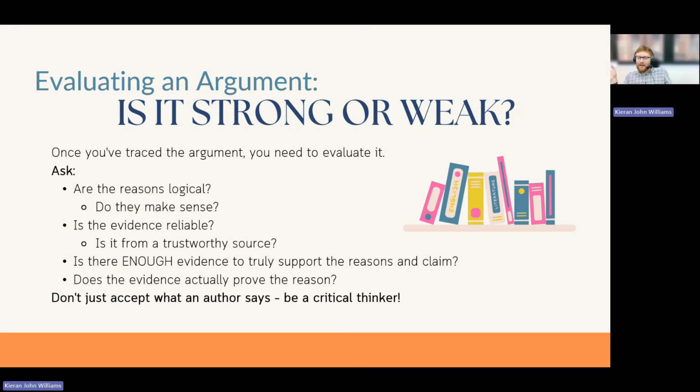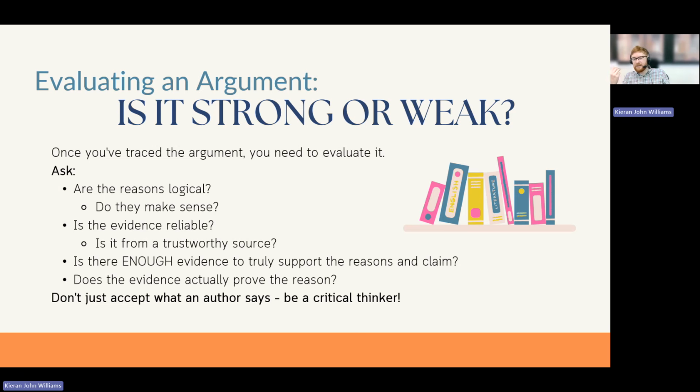After tracing the argument, we need to evaluate it. This is where we think critically about whether it is convincing. Ask yourself, are the reasons logical? Do they make sense? Is the evidence reliable? Is it from a credible, trustworthy source?